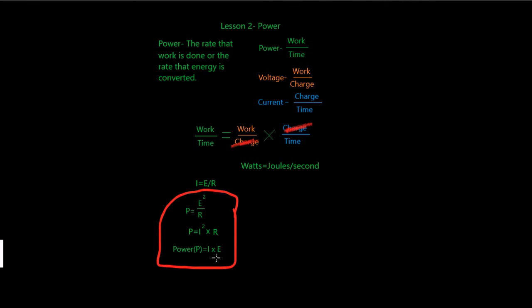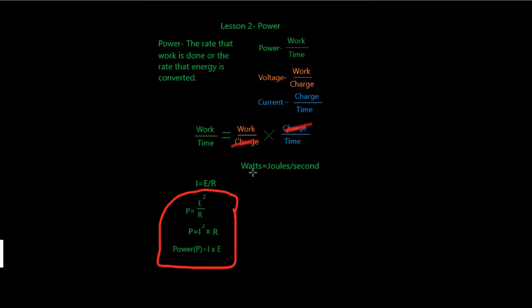So I'm able to identify that power is current times voltage, okay? And then I can transform this equation using our previously established Ohm's law into these two as well. So these three, you're going to use a whole bunch, okay?